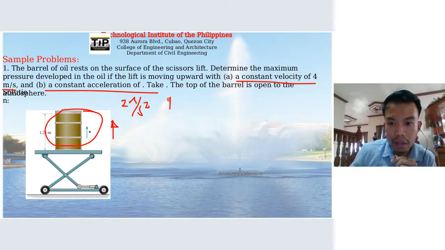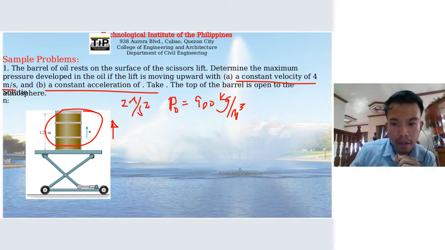Take the density of the oil to be 900 kilogram per cubic meter. The top of the barrel is open to the atmosphere.